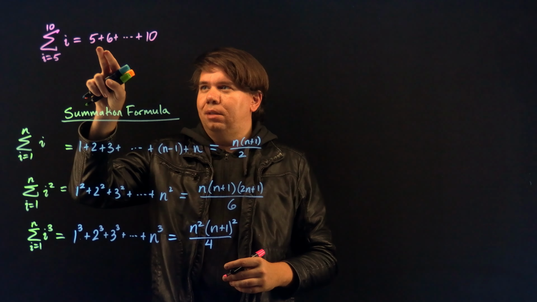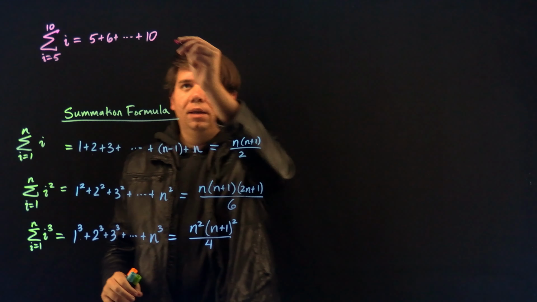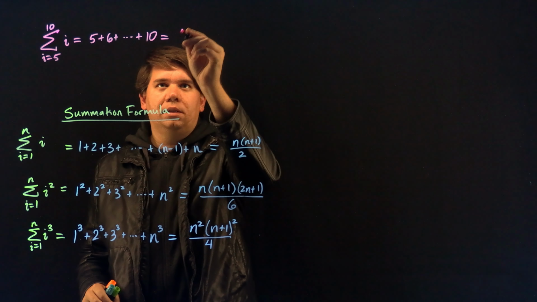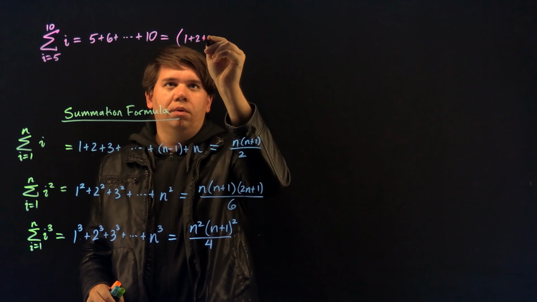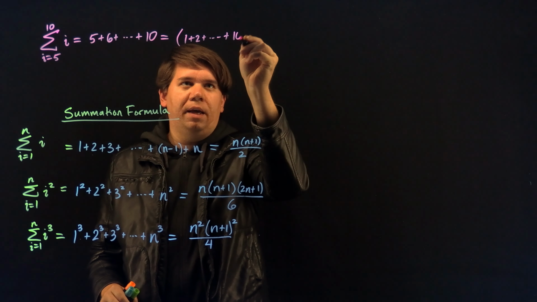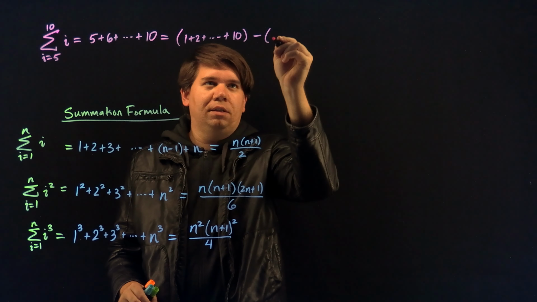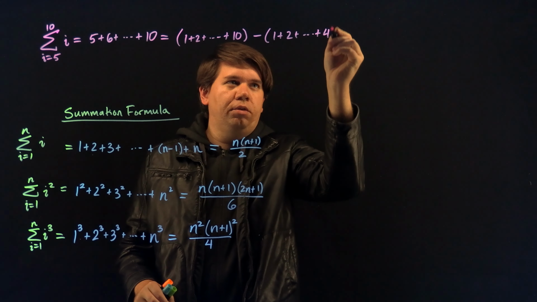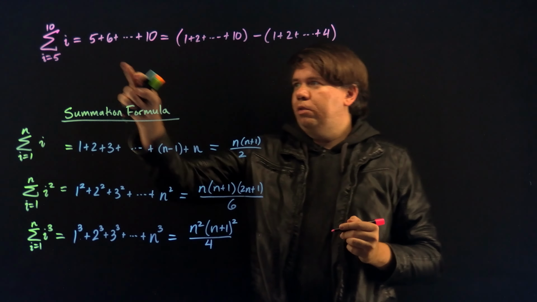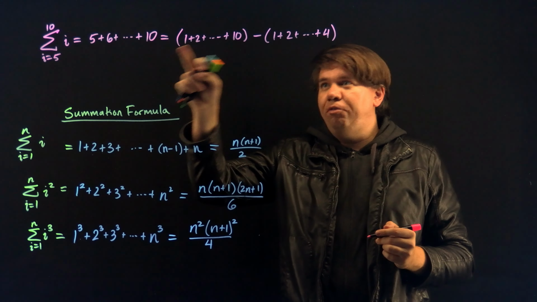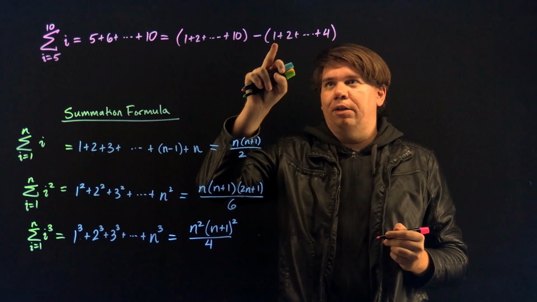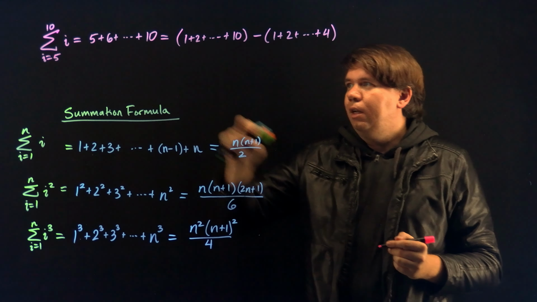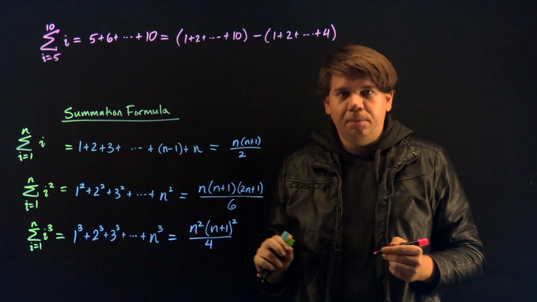We can think about the sum, 5 through 10, as secretly being the sum of 1 plus 2 all the way up to 10, minus the sum of 1 plus 2 all the way up to 4. So summing up 5 through 10 is summing up everything from 10, and then subtracting off the 1, 2, 3, and 4, leaving you just the things 5 and bigger.